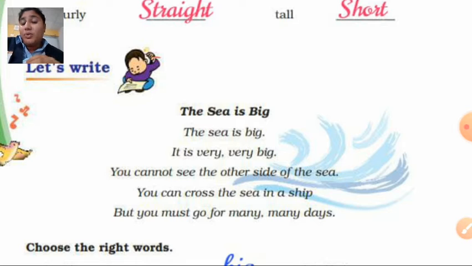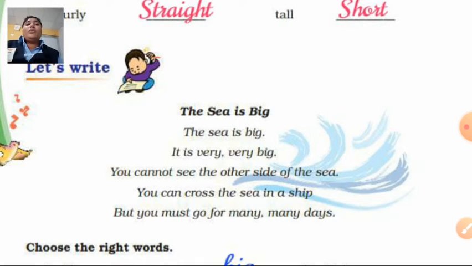It is difficult to see it unless you're seeing it from outside the earth. Then it would be acceptable that yes, you saw the other side of the sea, or you can see it on the globe. You can cross the sea in a ship, yes. It takes a lot of days, but people usually sail on ships. They are actually cheap and very convenient. Unless you are seasick, then you cannot go there by ship.